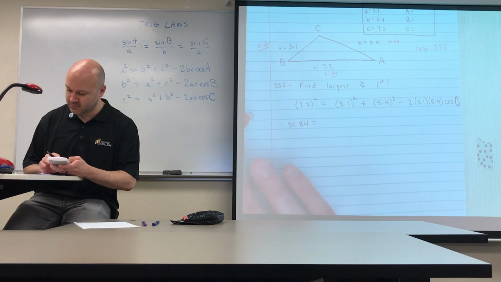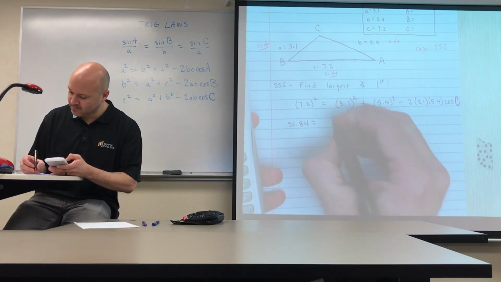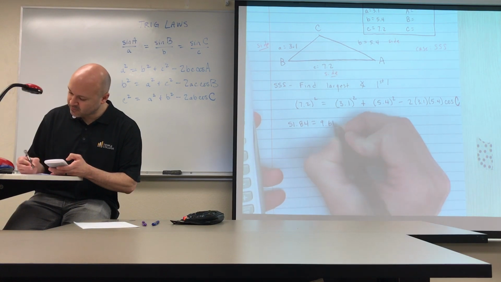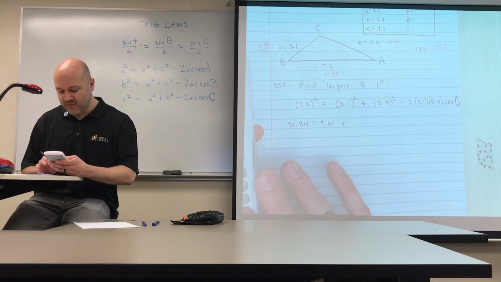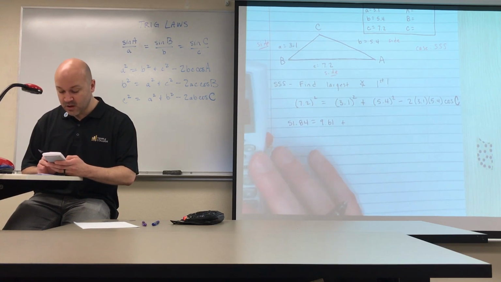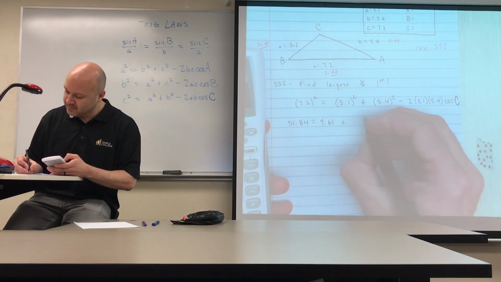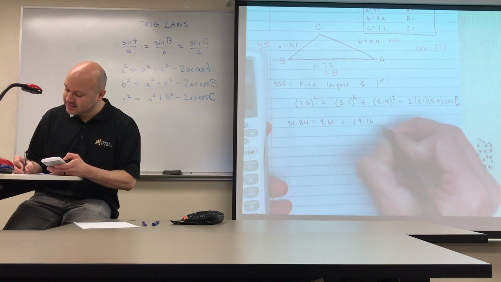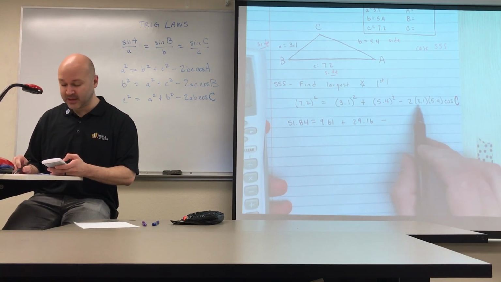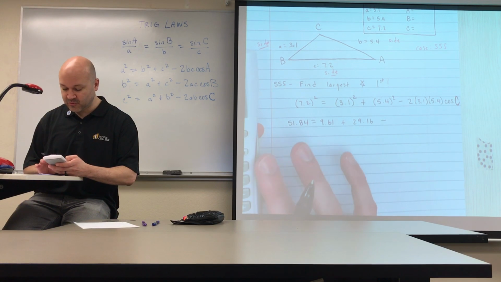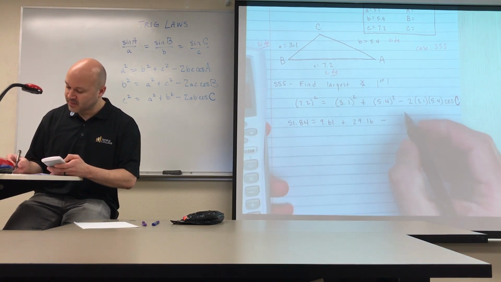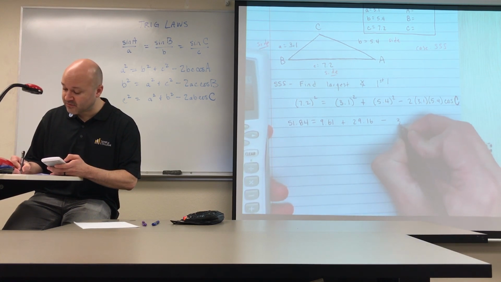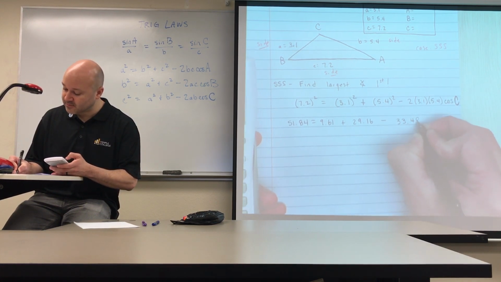Oops, I should know that value. 3.1 squared, I get 9.61. 5.4 squared, 29.16. I'll just do all this multiplication. 2 times 3.1 times 5.4. That cosine C has a coefficient of 33.48.